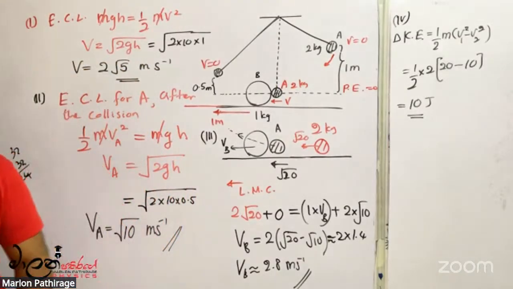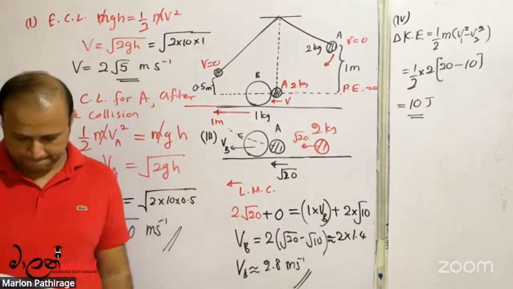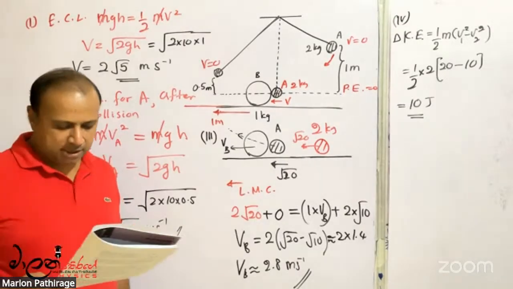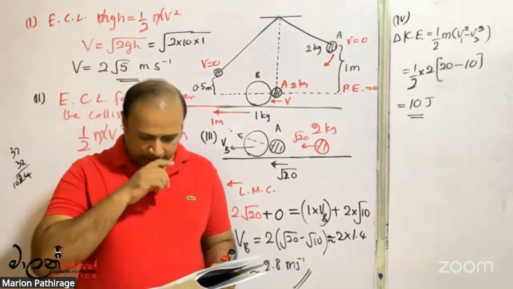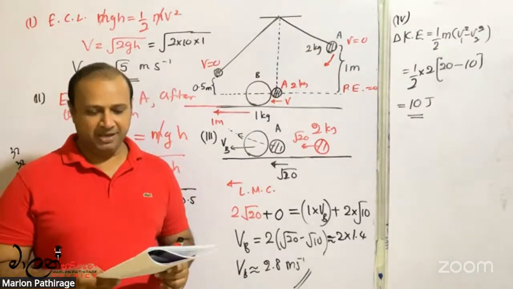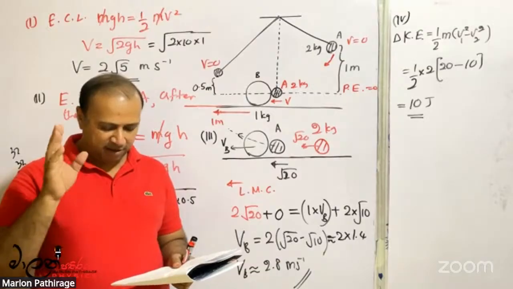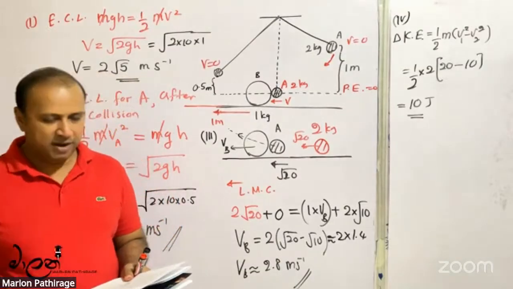Then question number 5. Is the loss equal to the kinetic energy gained by B? Give reasons for your answers.